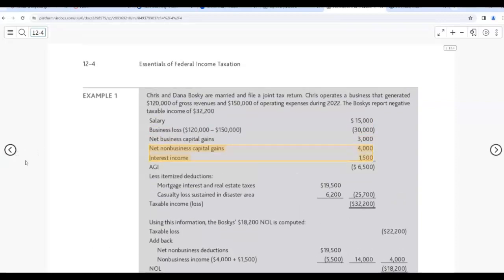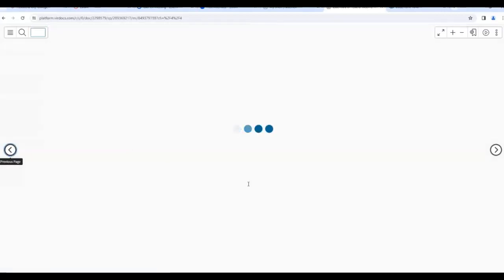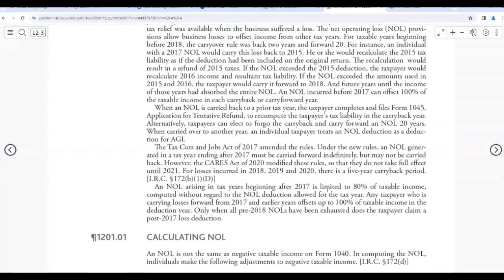If you go to the previous page, I remember here: net operating loss arising in tax years beginning after 2017 is limited to 80% of taxable income. So next year, let's say your taxable income is $10,000.